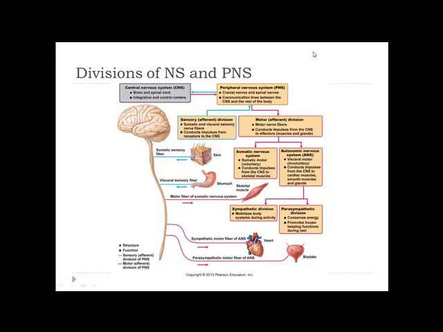Your motor is going to be broken up into two sections: the somatic, which is under conscious control and will be your skeletal muscle, and your autonomic or involuntary nervous system, which is under subconscious control. Your autonomic nervous system is broken up into the sympathetic and parasympathetic nervous systems. Sympathetic is fight or flight. Parasympathetic is rest and digest.